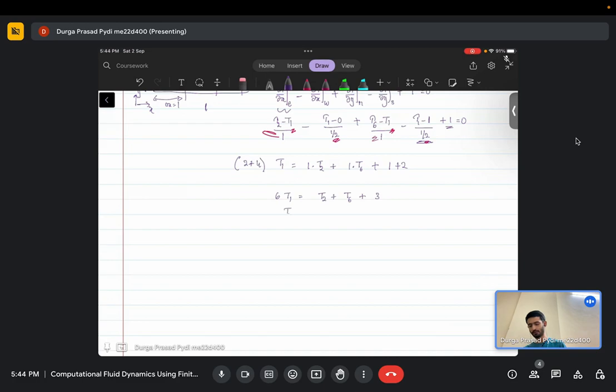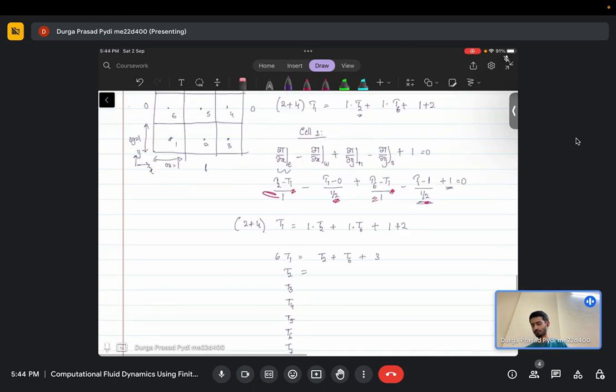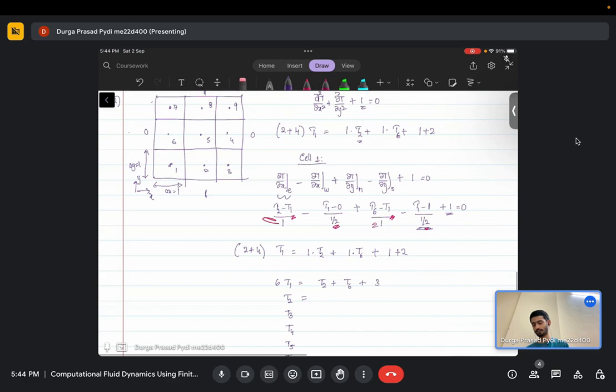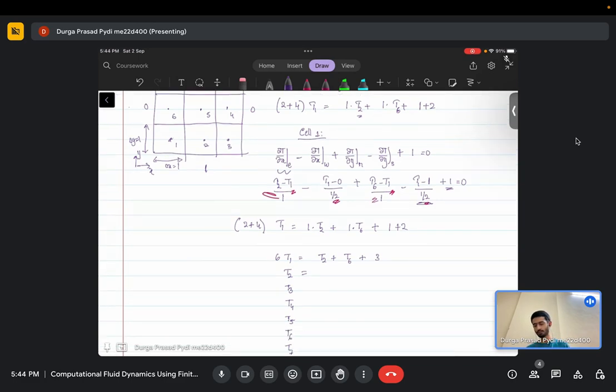Similarly you can write for T2. Now if you see for T2, the second cell, you have 3 neighbors and then one boundary. So the 3 neighbors will be T1 plus T3 plus T5.